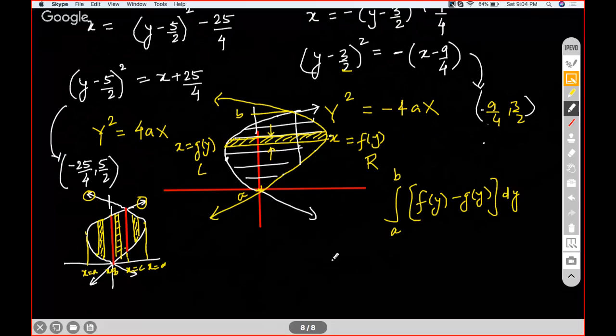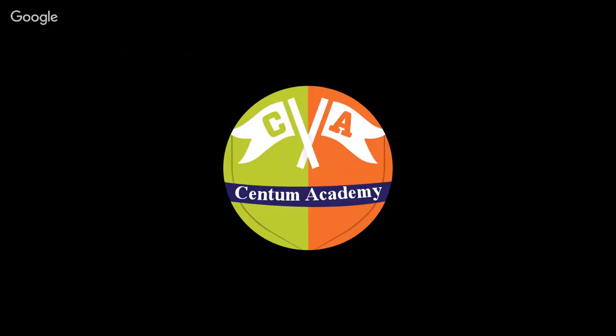Here, you just have to take x of the rightmost curve. What is this rightmost curve? y square is equal to x plus 5y. So x is y square minus 5y, correct?